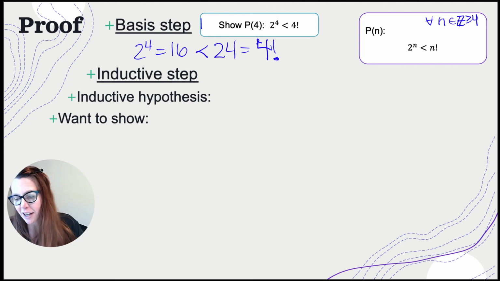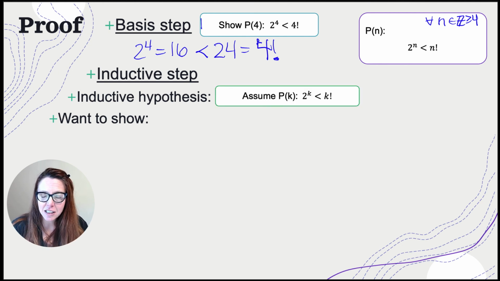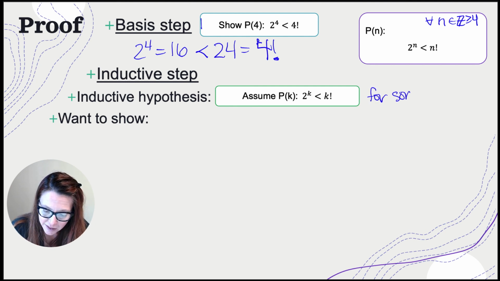So the next step I have is the inductive step. And in this inductive step, I first have to determine what is my inductive hypothesis. So what does this look like if I assume that this holds for n equals k? So this is assuming that for some k, k greater than or equal to 4.